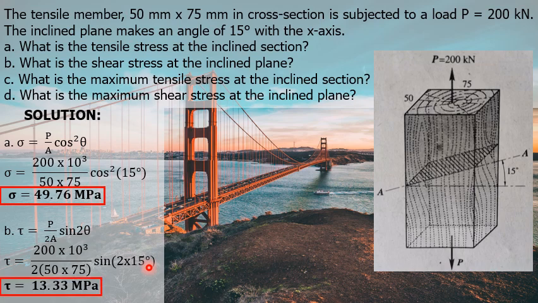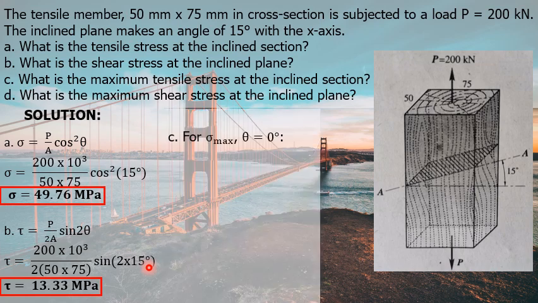In letter C, we are to find the maximum tensile stress at the inclined section. For what angle is the tensile stress maximum? For maximum tensile stress, the angle should be 0 degrees, so that sigma max is equal to P over A. We simply substitute our given values.